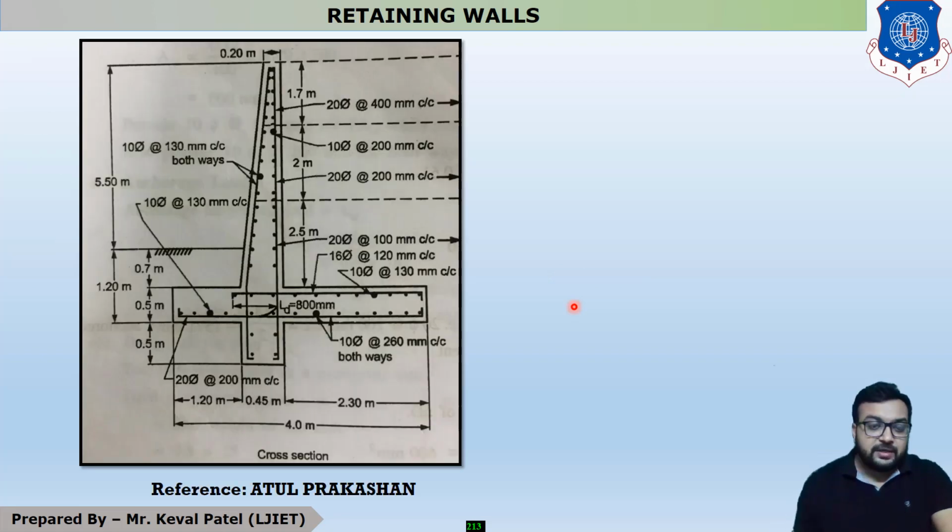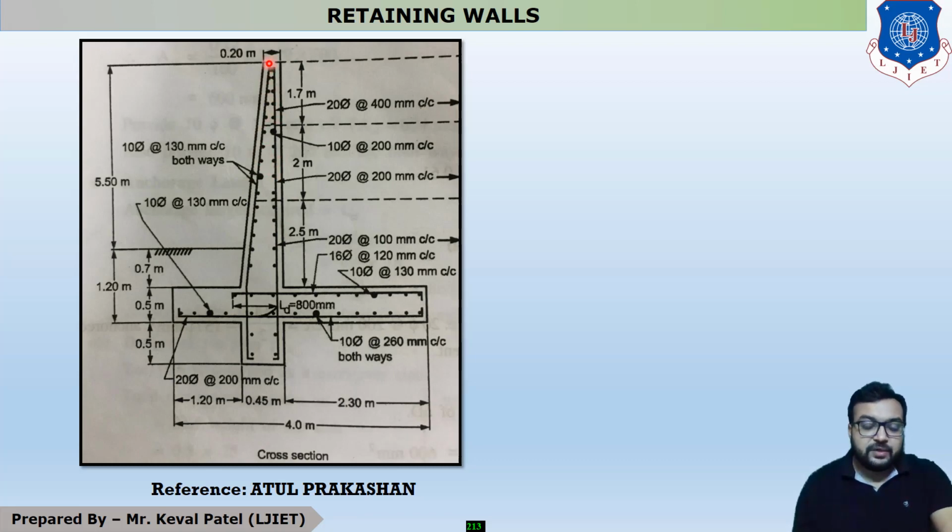You can see that this is the detailing of the cantilever retaining wall, in which this is our shear key. Our reinforcement continues in the shear key. This is our stem portion, in which the vertical portion is our main steel and this dotted portion is our distribution steel.